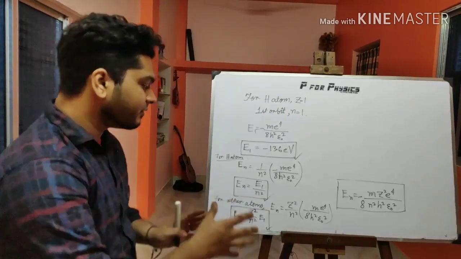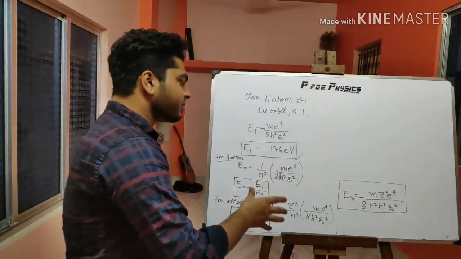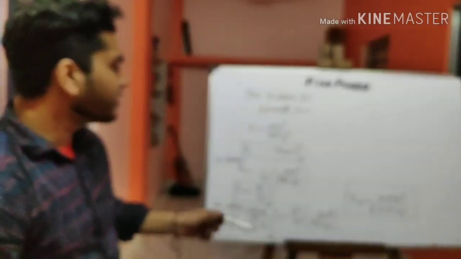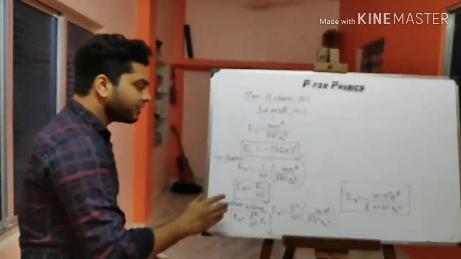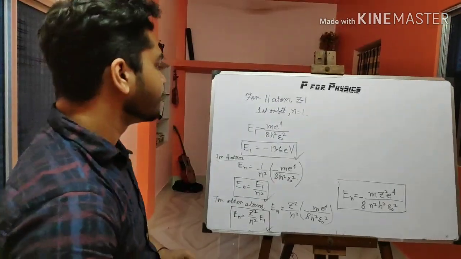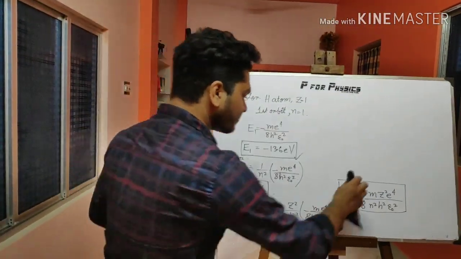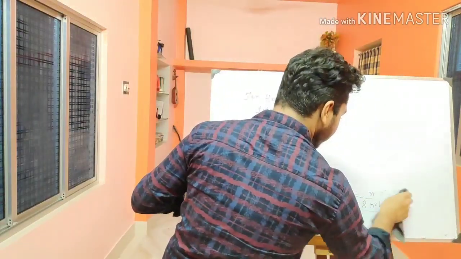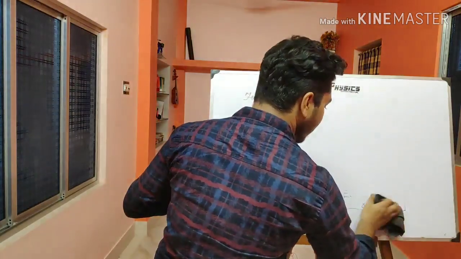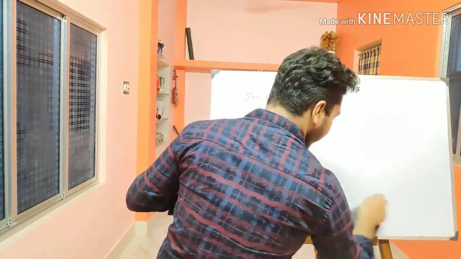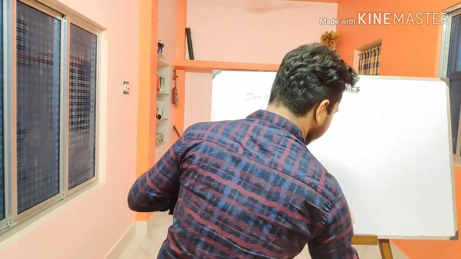Try to memorize these things and we'll apply them to some numerical problems and you will get why these are so important. Okay, so let's now try to draw the energy levels of hydrogen atom, which will be very important in finding the spectrums as well.